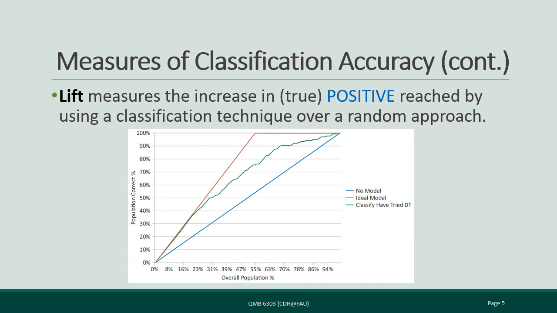So if we want to get all of the customers or all of those people who may be positive, and the only prediction that we use is the average of the population, then of course we have to get everyone, because the average tells me that half of them will be right, half of them will be wrong. So in order to get everyone that's positive, we have to use everyone in this population.